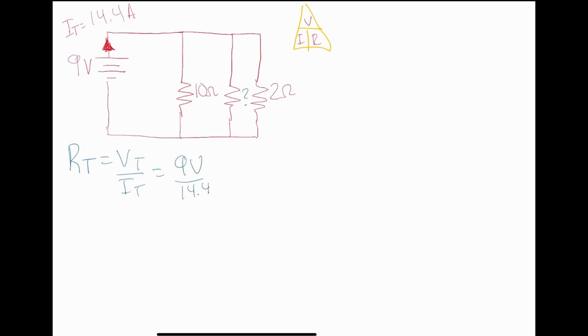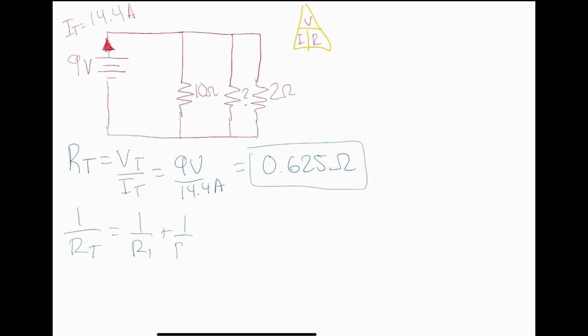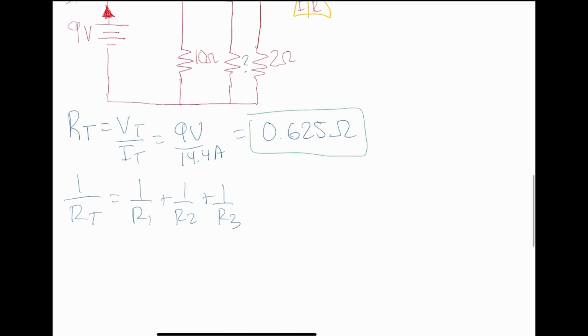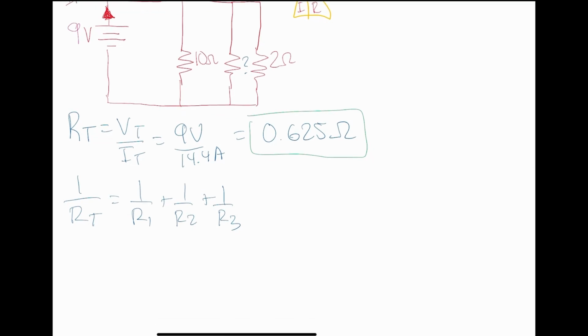resistance total is equal to... plug in. This should give us around 0.62 ohms. So that is our RT. Now going back to our formulas, solving for resistance in parallel goes like this.